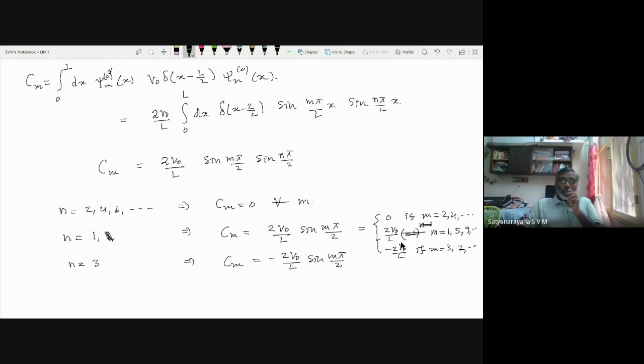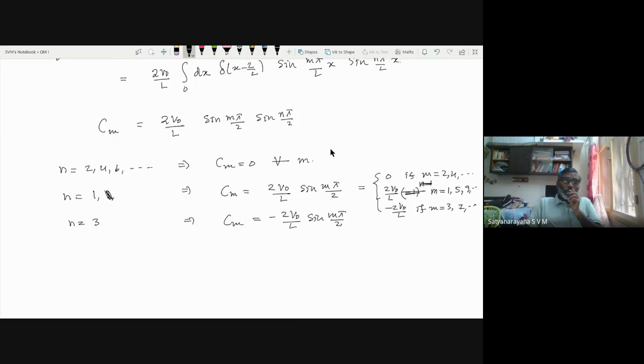Same thing is true here. This will become minus and plus will interchange its sign. So what does that mean? That means, suppose I want to understand the first order correction to the ground state wave function.